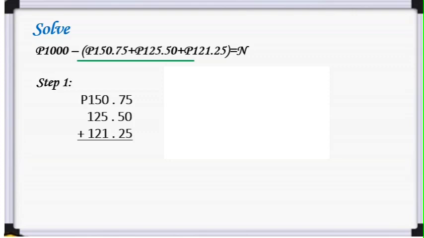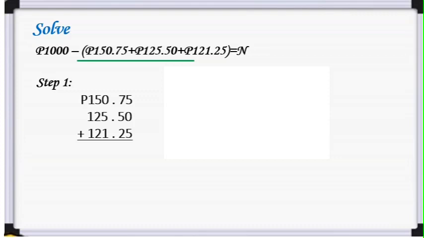Now, let us move to our next step. We need to add zeros, but in this case, we don't need to, because the decimal places in each addend are the same. So, we need to move to our third step.